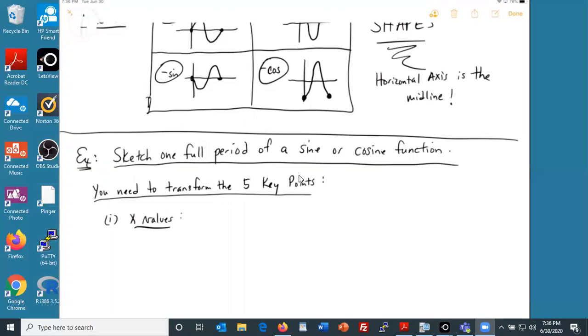All right, so for example now, for sine, the key x values are, remember they were what? 0, pi over 2, pi, 3 pi over 2, and 2 pi.